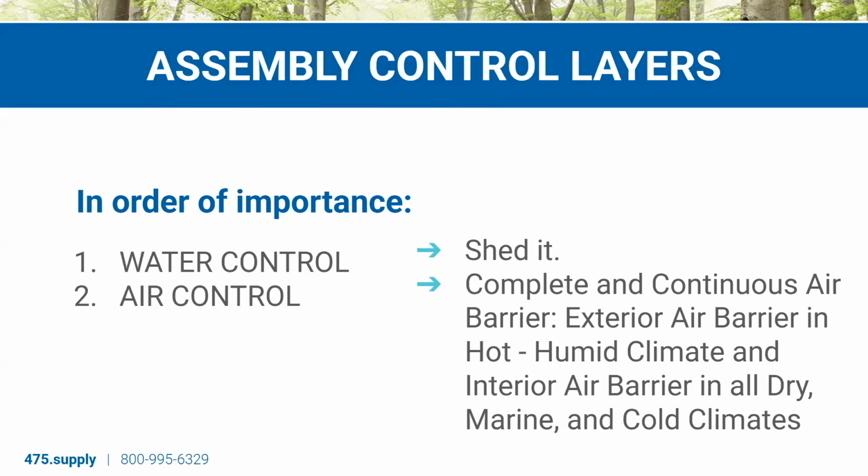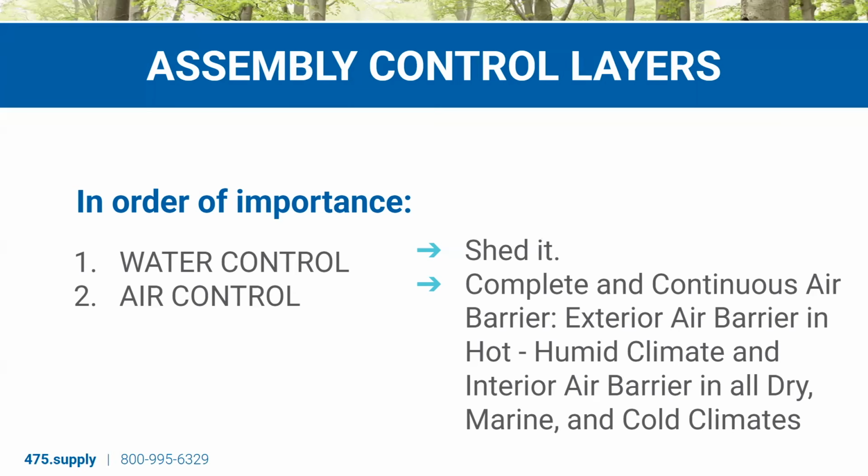But in more humid climates where it's always humid outside and it's very moist and wet outside, we want to stop a lot of that air transported wetting from the outside coming in. So we tend to want to have a class 3 vapor retarder on the exterior, but we want to air seal just to stop that air transported wetting coming in.